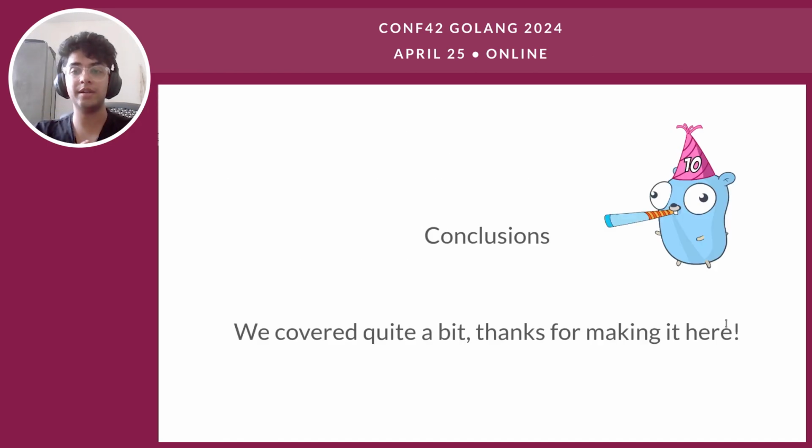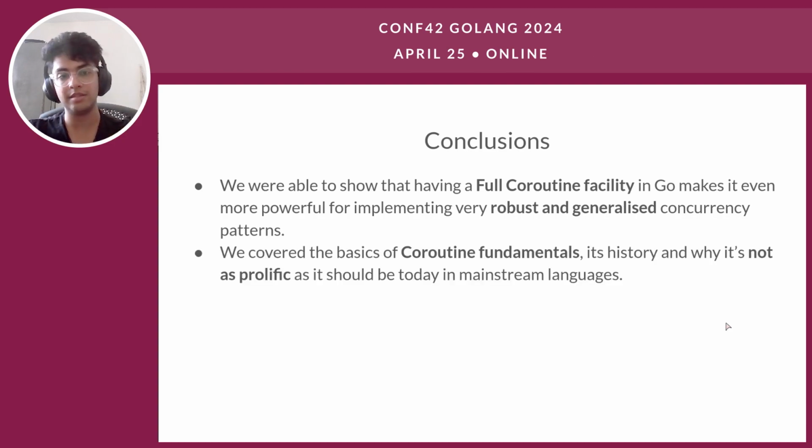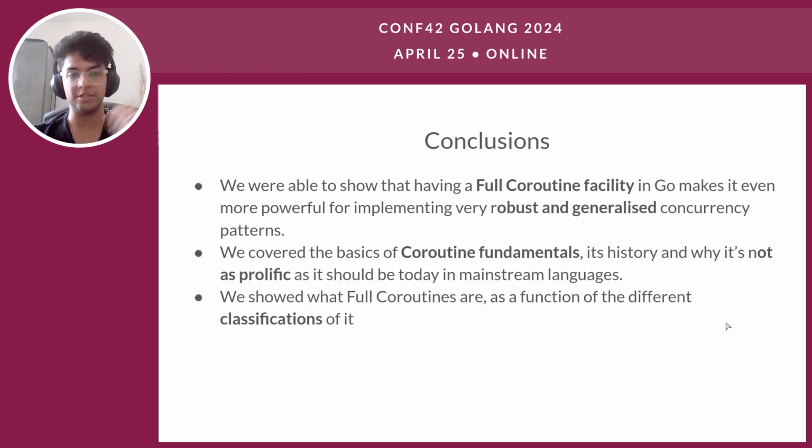We covered quite a bit, and thanks for making it here. We're able to show that having a full coroutine facility in Go makes it even more powerful for implementing very robust generalized concurrency patterns. We covered the basics of coroutines, its history, why it's not as prolific, the problems with it, why it's not present in a lot of mainstream languages.